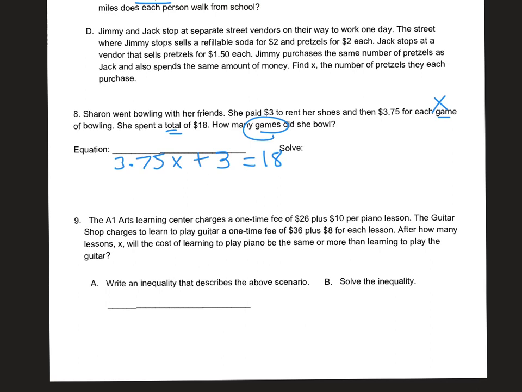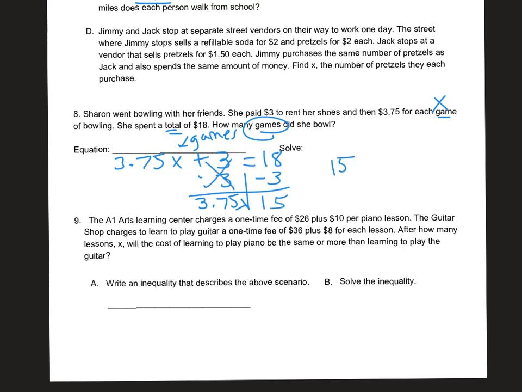So here's a two-step equation. $3.75 times some number of games, that's what I'm looking for, plus those $3 of renting shoes, which I need to get rid of because I can't include that in my total games played. So that's going to give me $3.75x equals 15.